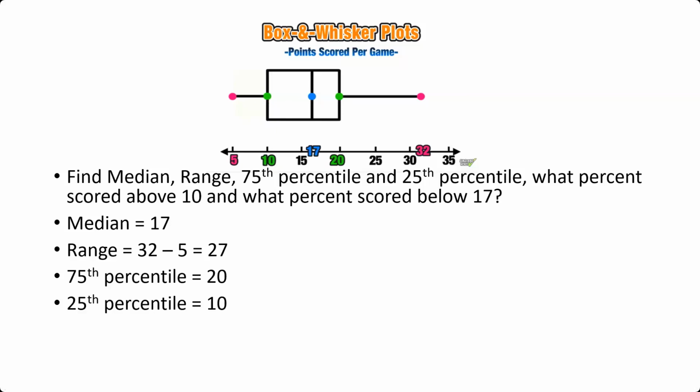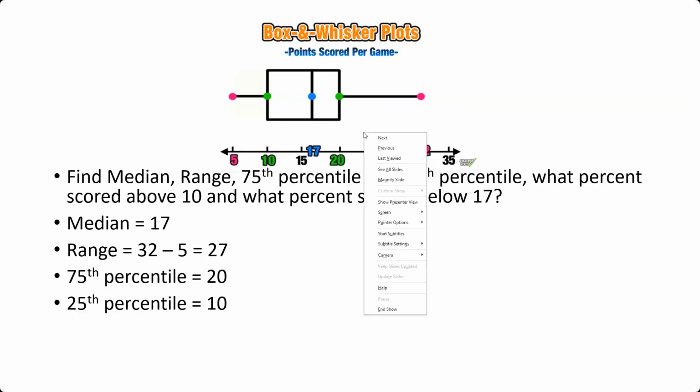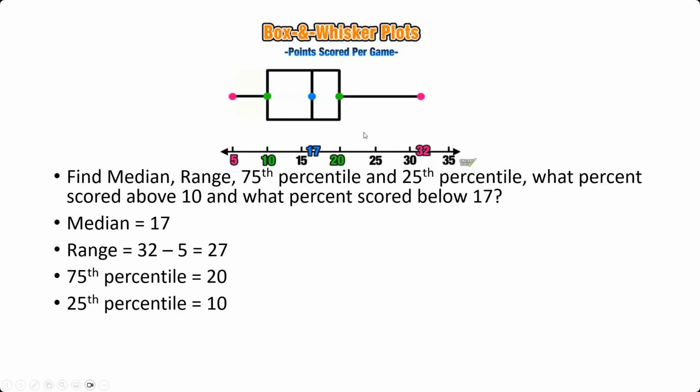Any question? If we want what percent scored above it, and this one might come up, what scored above a 10? This would be 25, 25, and 25, so 3/4. 75% of the players scored above 10.